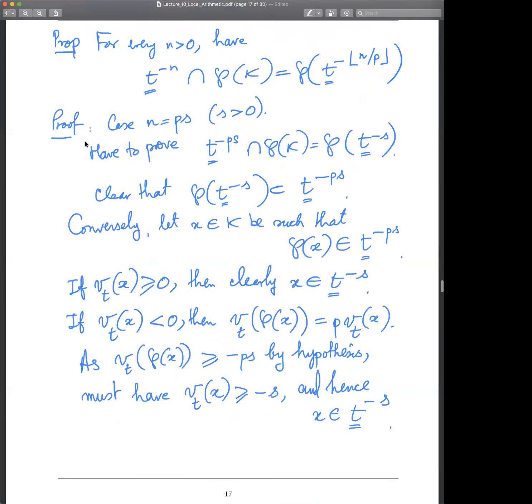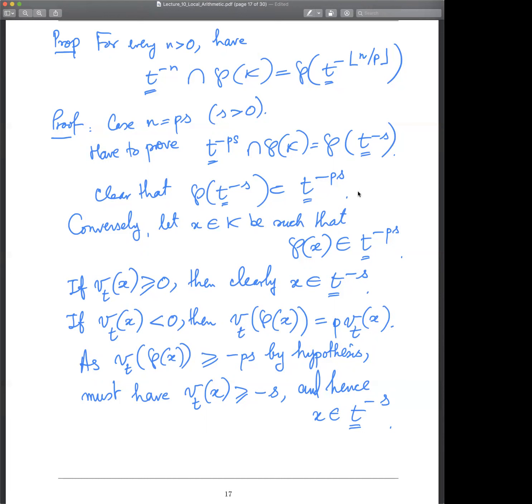So let's first look at the case n is a multiple of p. In that case, if n is equal to ps, then n upon p is actually an integer, s, and therefore what I have to prove is that T to the minus ps intersected with P of k is P of T to the minus s.